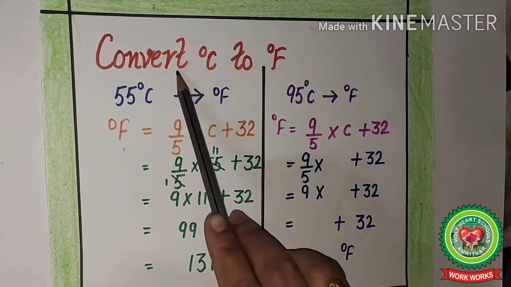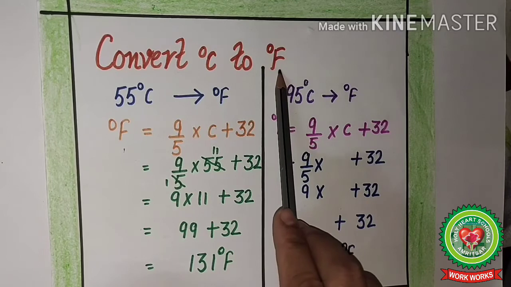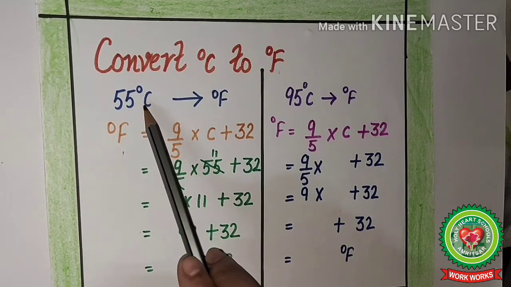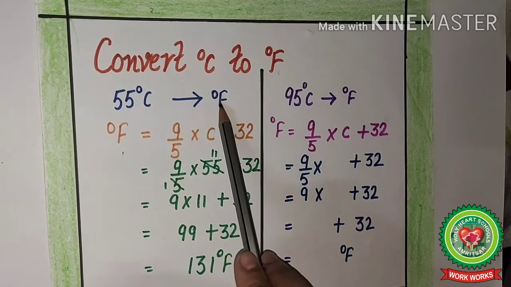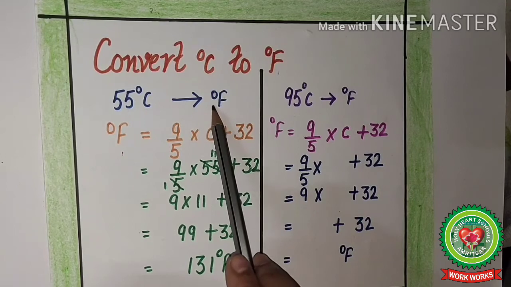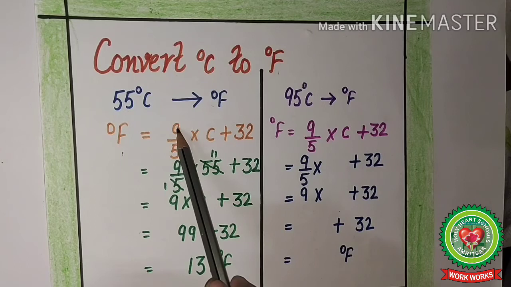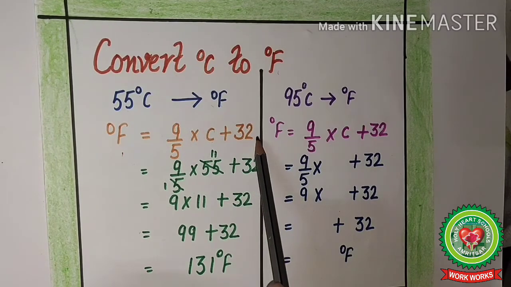Next is convert Celsius scale to Fahrenheit scale. So we have an example, that is 55 degrees C convert into Fahrenheit. So we apply the formula of Fahrenheit. Fahrenheit is equal to 9 upon 5 multiplied by C plus 32.